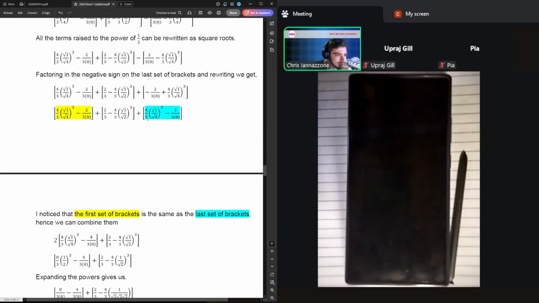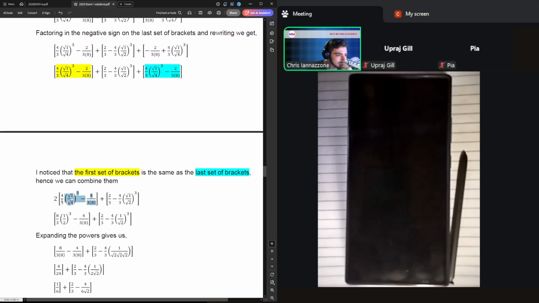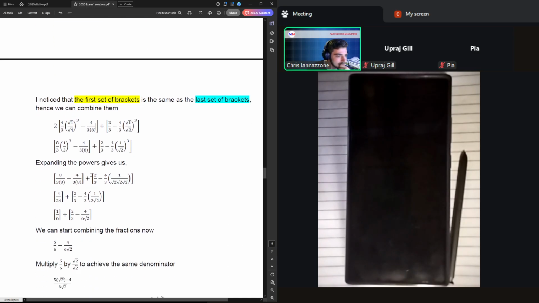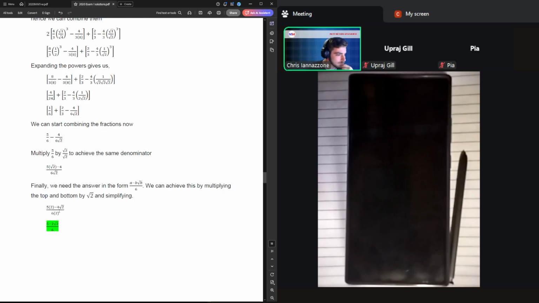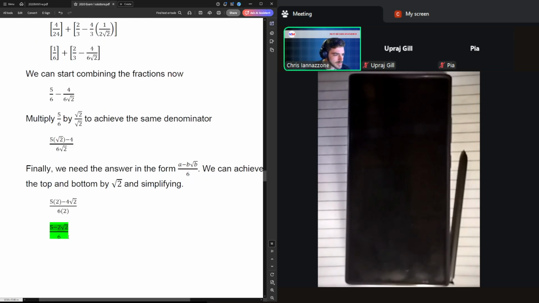I can say, oh yeah, I just got two lots of that, and so I only have to simplify it once. And then once you get to this stage, this is a lot more manageable. Probably not much else to say from there. Ended up with this one: 5 minus 2 root 216.